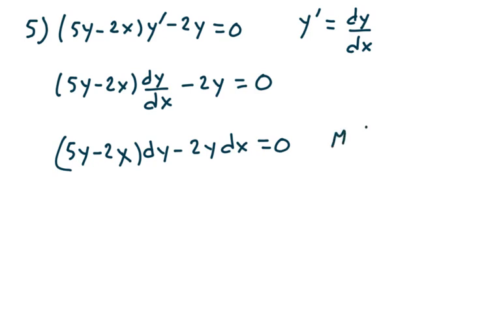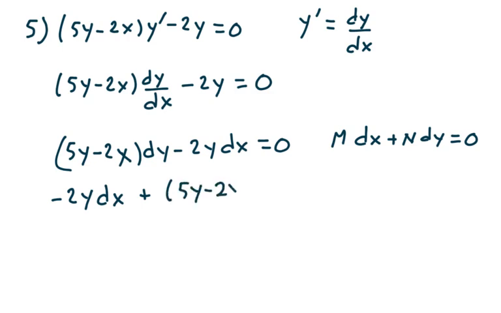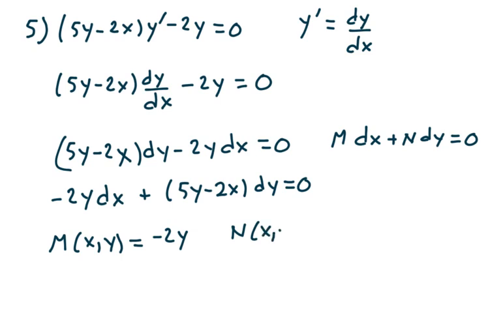Remember, I want to write it as m dx plus n dy is equal to 0. So I'm going to write this as negative 2y dx plus, in parentheses, 5y minus 2x dy is equal to 0. And remember, m of x, y is negative 2y, and n of x, y is 5y minus 2x. Does it make sense?